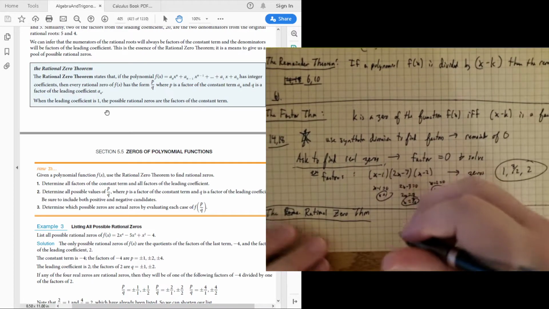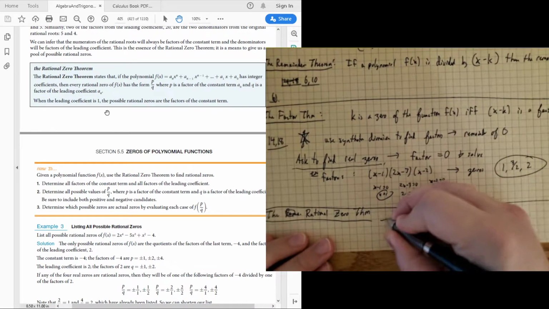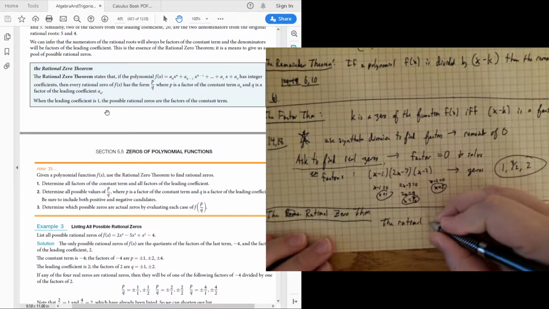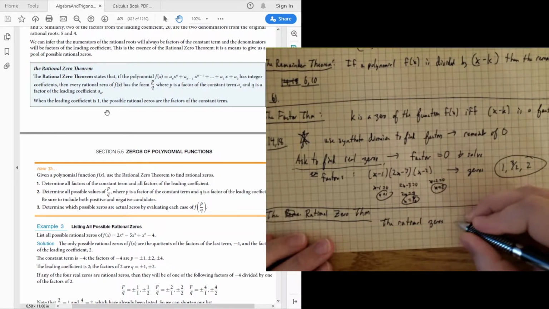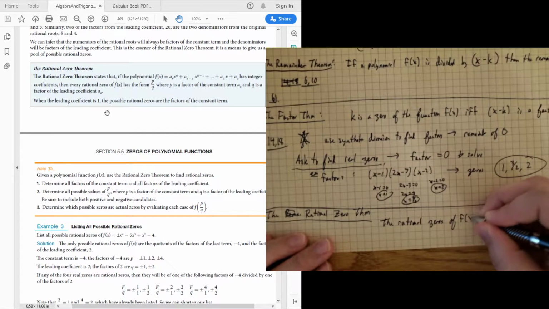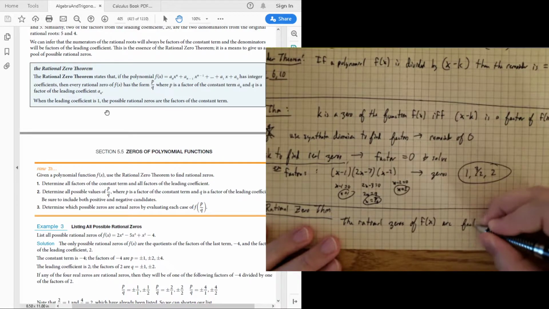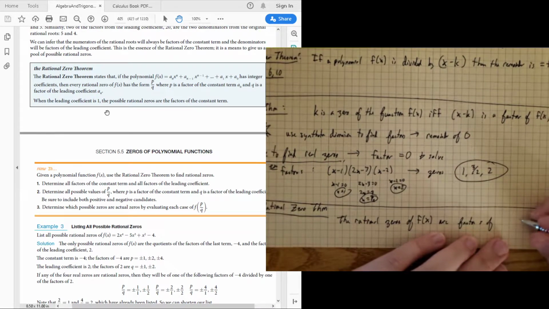The rational zero theorem states that the rational zeros of f of x are factors of p over q.